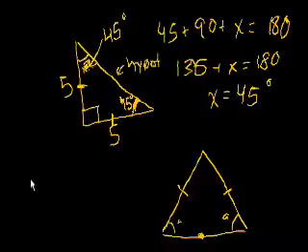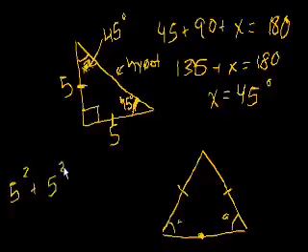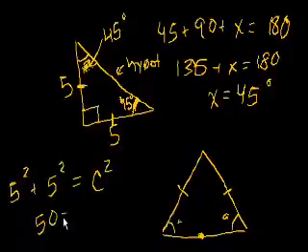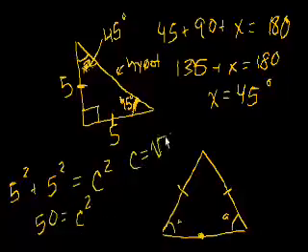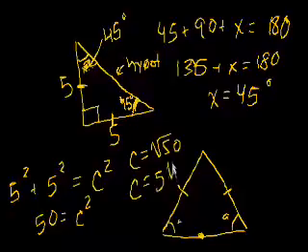So we could say 5 squared plus 5 squared is equal to c squared, where c is the length of the hypotenuse. Well, 5 squared plus 5 squared, that's just 50, is equal to c squared. And then we get c is equal to the square root of 50. And 50 is 2 times 25, so c is equal to 5 square root of 2.